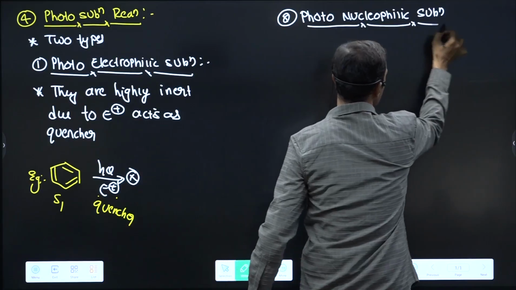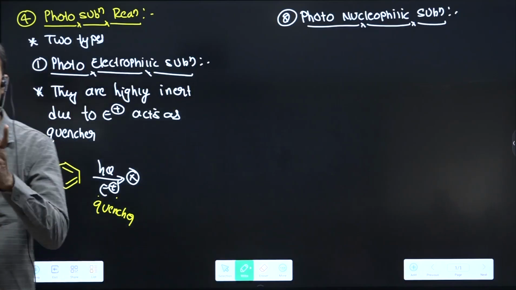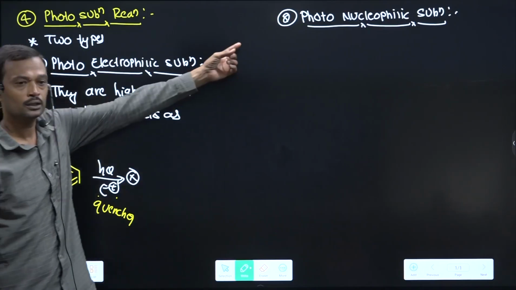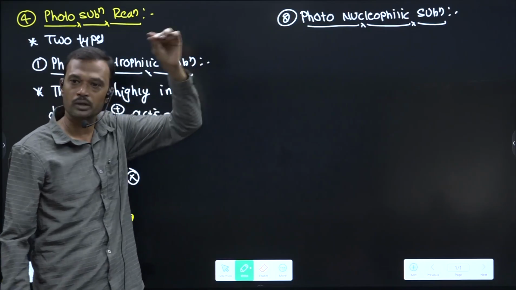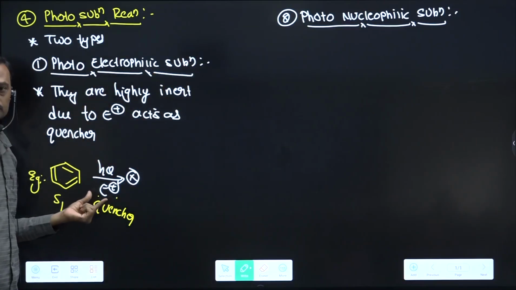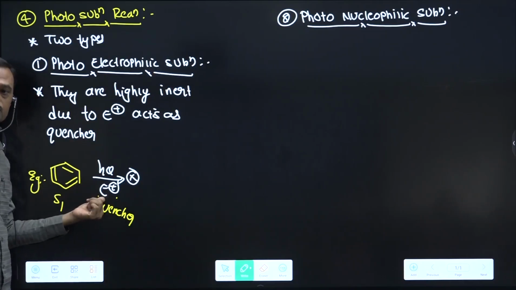Photonucleophilic substitution. This is possible. Now we are adding a nucleophile on benzene. Adding a nucleophile on benzene is possible, but adding an electrophile on benzene is not possible photochemically. That's why in your textbooks, if you see photo substitution, they explain directly photonucleophilic substitution. They won't mention the word photoelectrophilic substitution, because they know very well this is excited, it is a quencher.